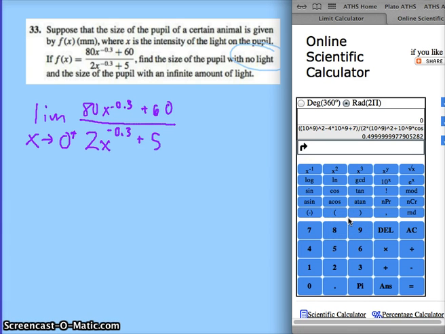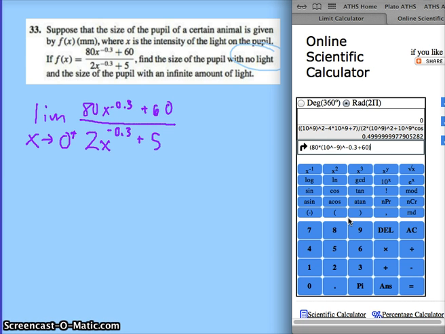All right? So what I could do, I could say, what's 80 times, again, let's get a really small number, 10 raised to the negative ninth power, in brackets, and that's being raised to the negative 0.3 power, plus 60.